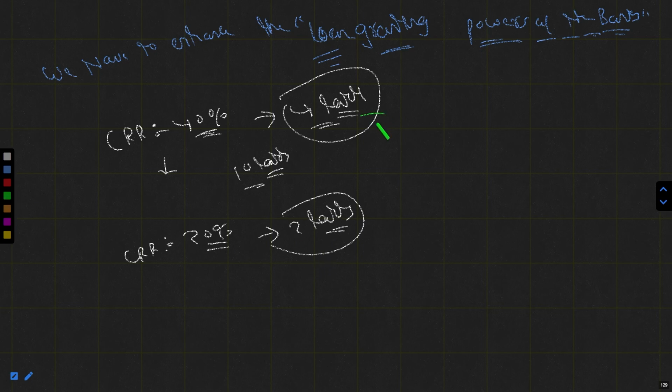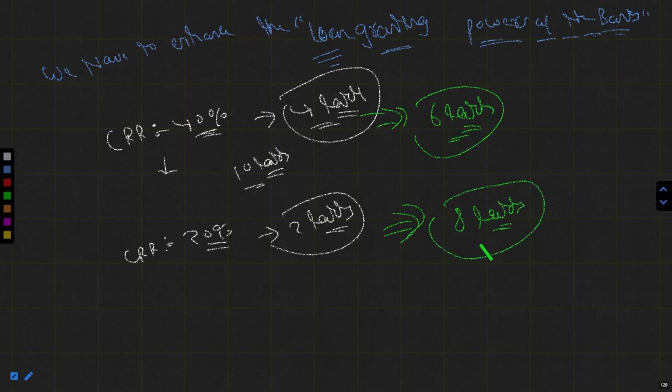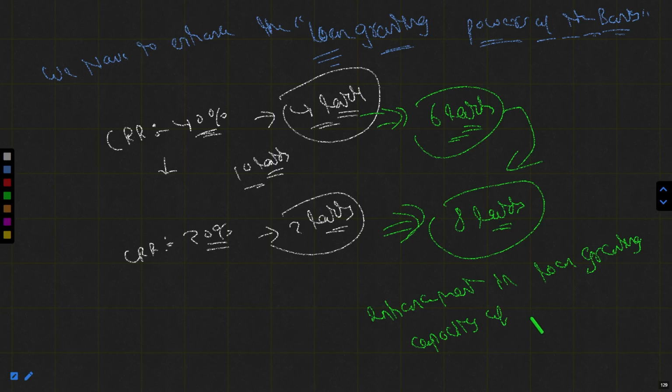So in the previous example, the bank could only lend out rupees 6 lakhs as a loan, but after the downfall, the bank could lend out rupees 8 lakhs as a loan. It means that there is an enhancement in the loan granting capacity of the banks.